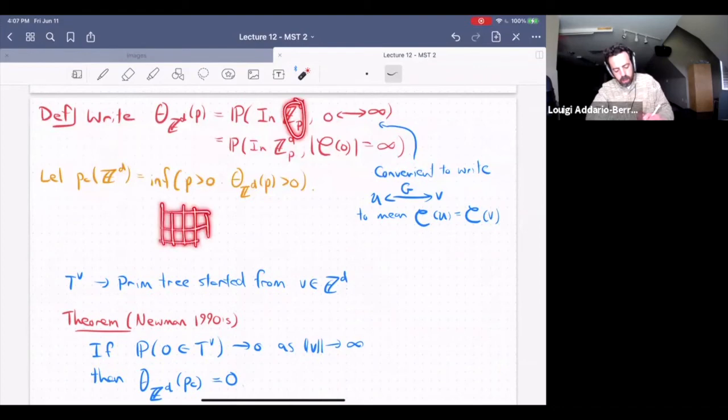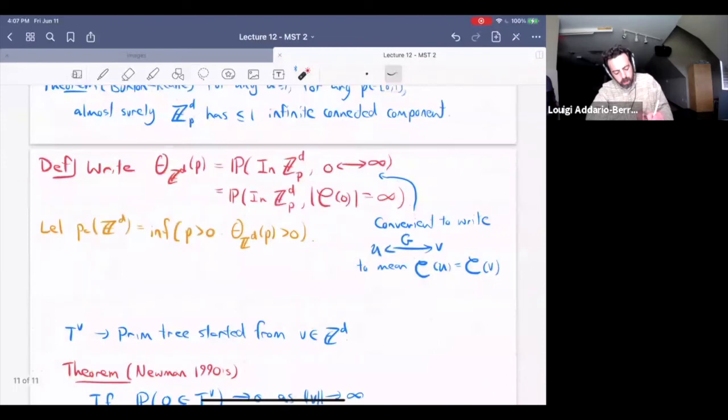So there's certainly an infinite component. It's just one component, it's infinite. When p is 0, there are no edges, there's no infinite component. And for intermediate p, there may or may not be an infinite component, right? So p_c is saying you look at the smallest value where there's a positive chance that the origin is in an infinite component. And in fact, at that point, there'll be a unique infinite component. I mean, if there is an infinite component, it'll be unique.